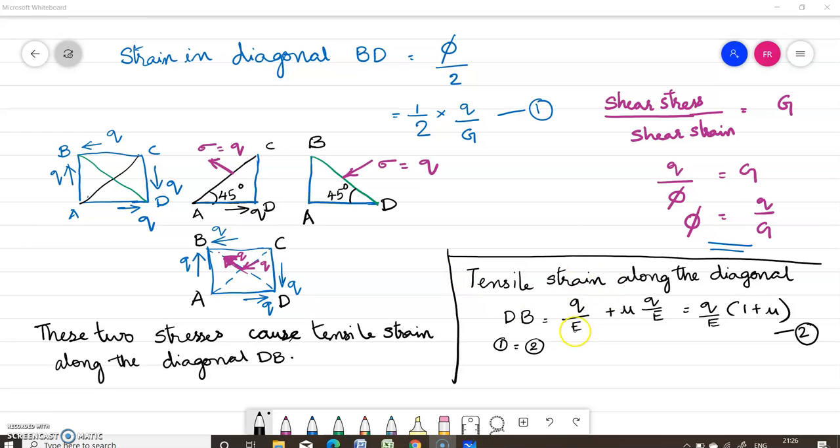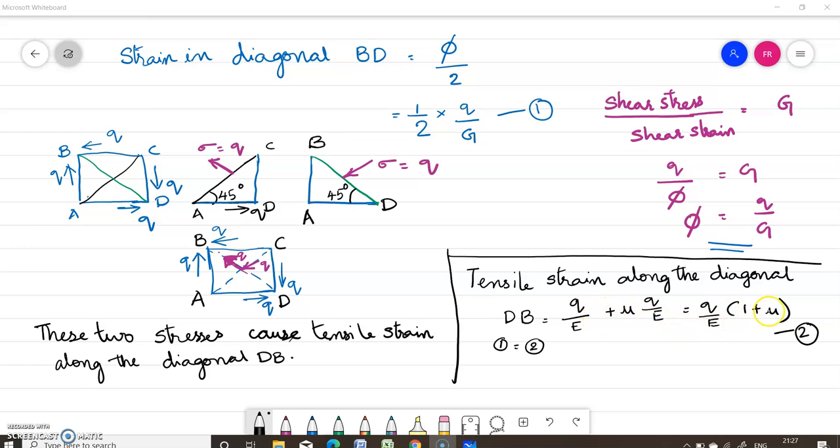The strain in BD due to this q along BD is q by E, and the strain in that diagonal due to this q acting along diagonal AC is mu into q by E. This is positive because it is causing tensile strain.